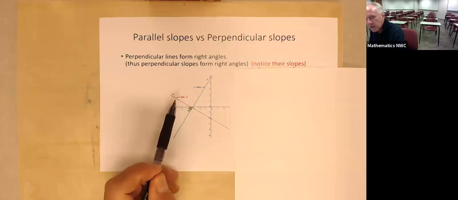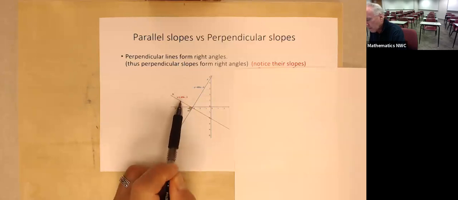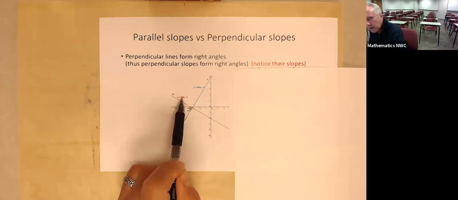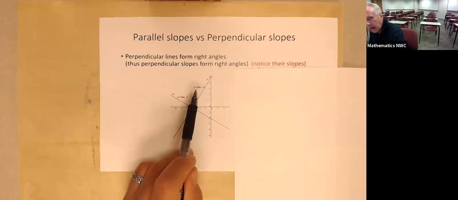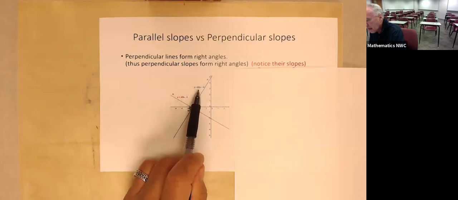I know this is too small, but that one gives me a slope right there because it's an equation solved for y. So that number right there is the slope of the red line. This blue equation, again, I know it's too small for you to read, but the number in front of the x is the slope.